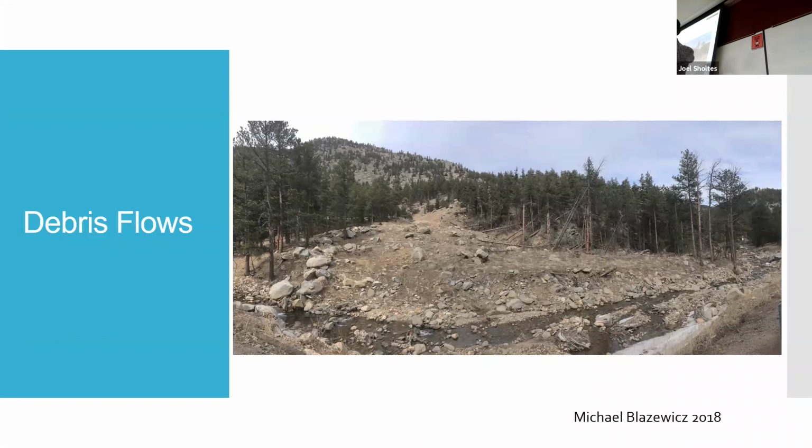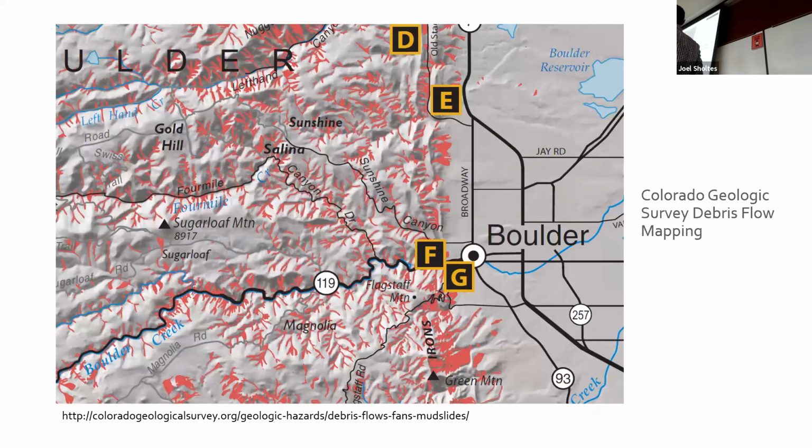Everything kind of liquefies, and you've got mud and boulders and trees, and you've got that massive density. It's not just water now, it's water and sediment and rocks, and they can just scrape a whole hillside down and make a really massive scar and kind of dump all this in the river. So you don't want to be in the way of this when that happens.